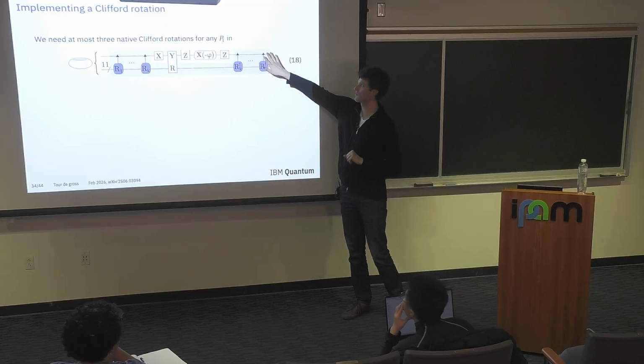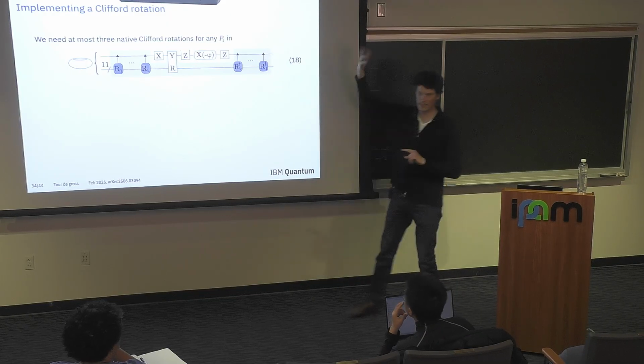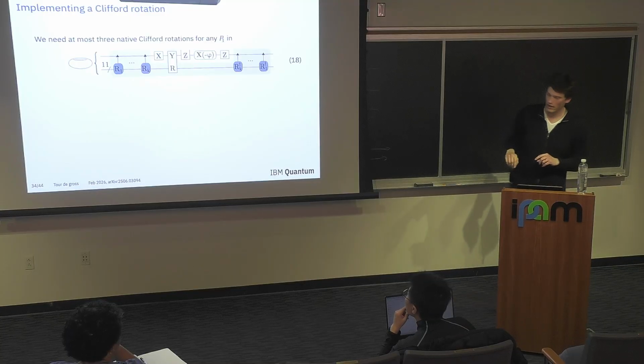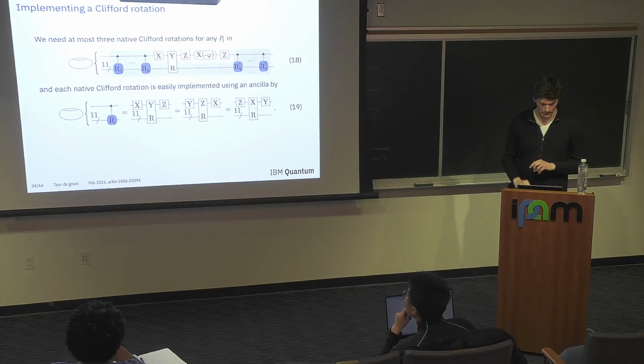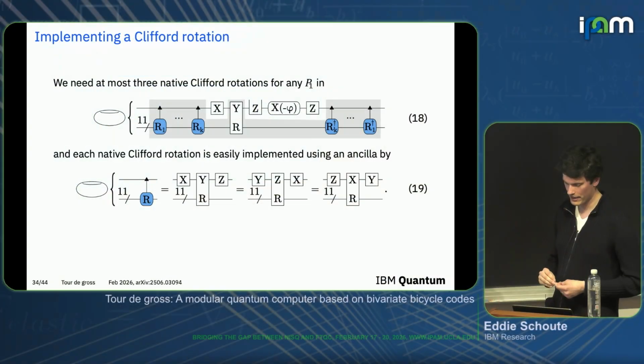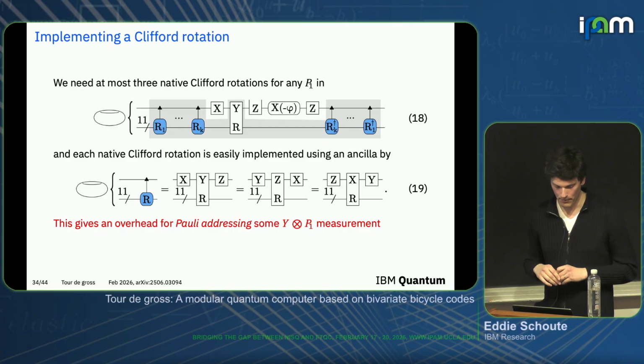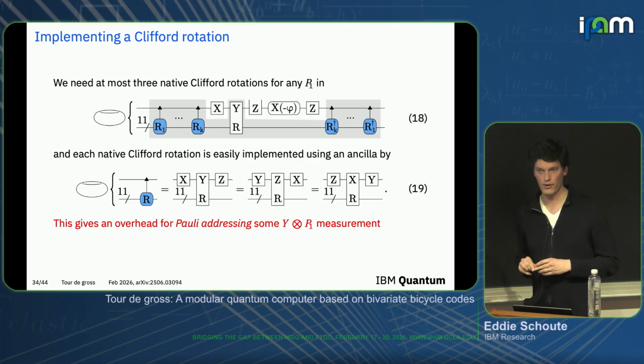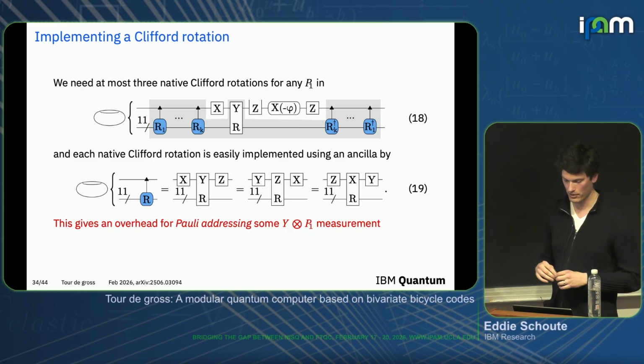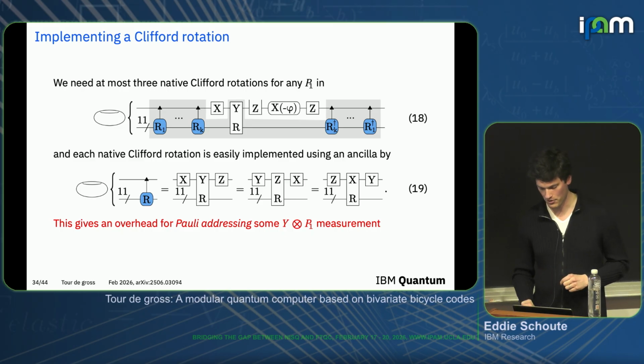It's kind of like using this ancilla here, measuring it out in various ways to implement a Clifford rotation. And each of these Clifford rotations are fairly easy to implement using 3 measurements. And there are various equivalent circuits to do that. But of course, all these Clifford rotations do give us an overhead for reading out some Pauli string for some measurement.